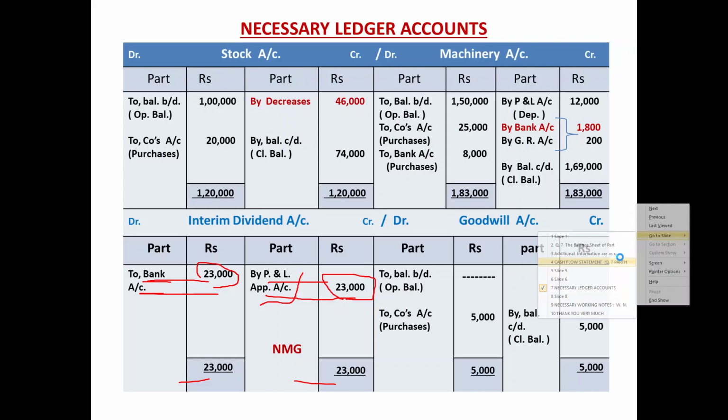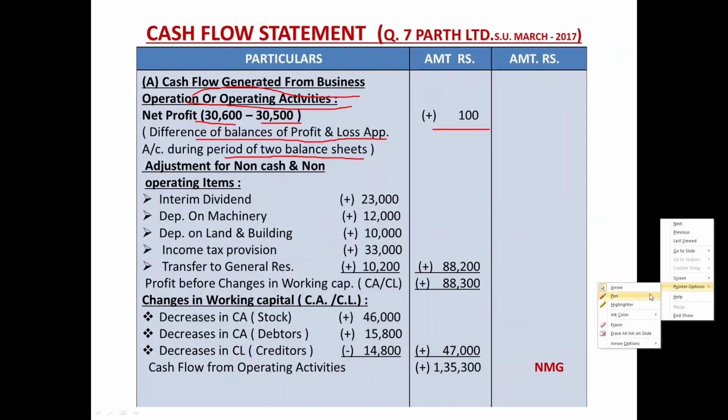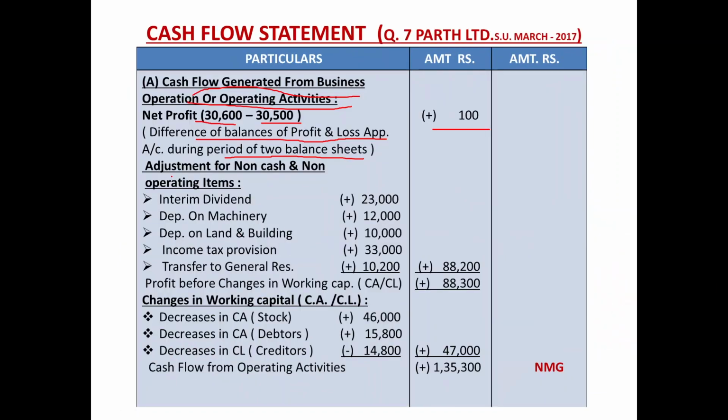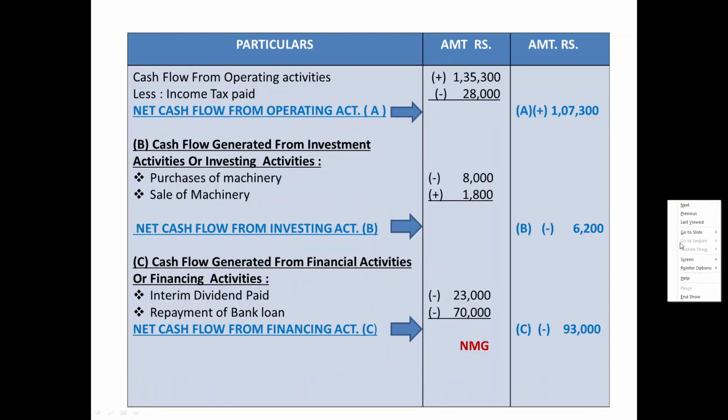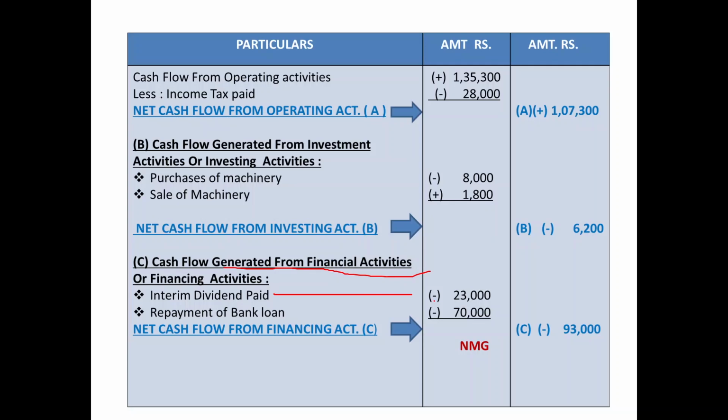Title A first, add back 23,000, adjustments for non-cash and non-operating items, interim dividend plus 23,000. Then as a payment under title C, cash flow generated from financing activities, interim dividend paid minus 23,000.